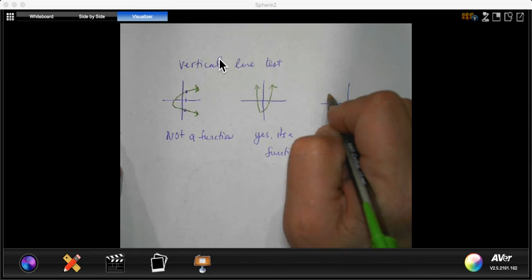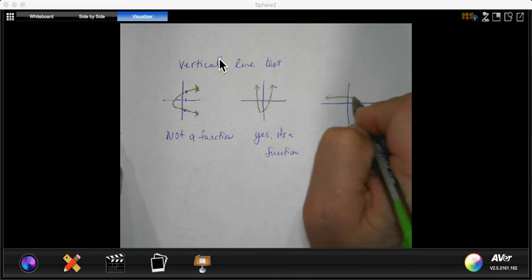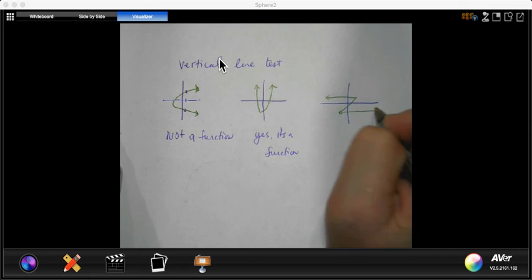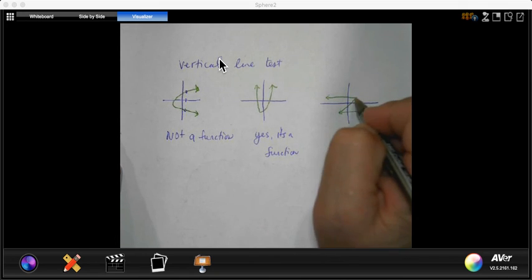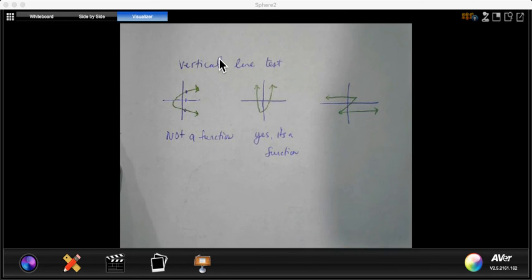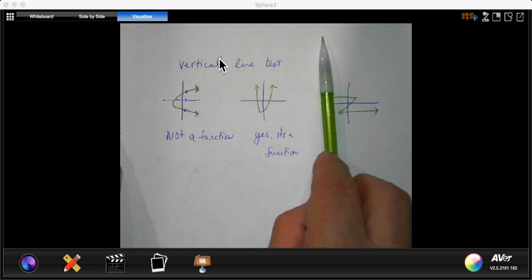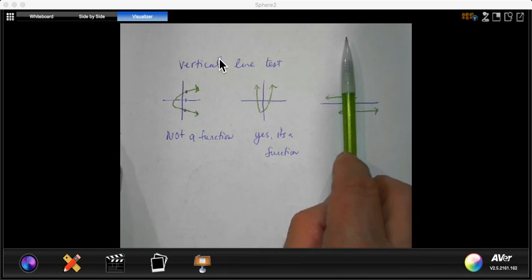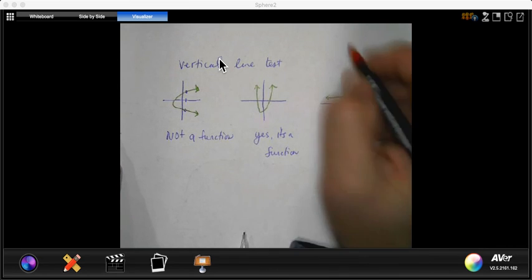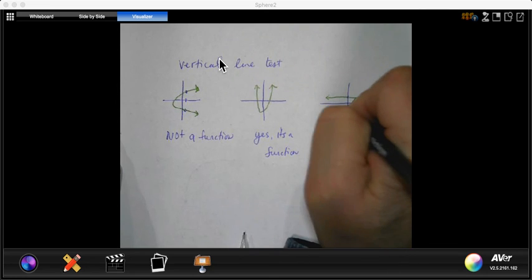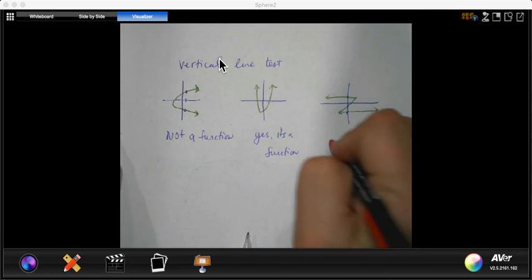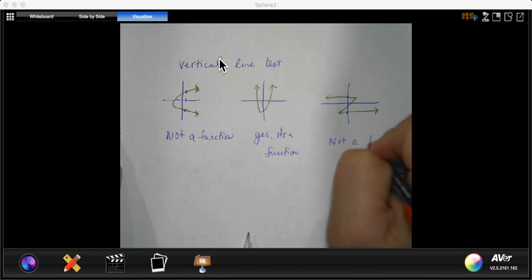So we'll go like a line like this, and then it zigzags like that. Doesn't matter that it's not a graph you've seen before. We're just asking, is that a function or not? Well, as I'm sweeping across, do I touch at more than one at the same time? You bet. I touch three different times, right here, here, and here. So we would say not a function. It's not one-to-one, okay? But it's got to be the vertical line test.